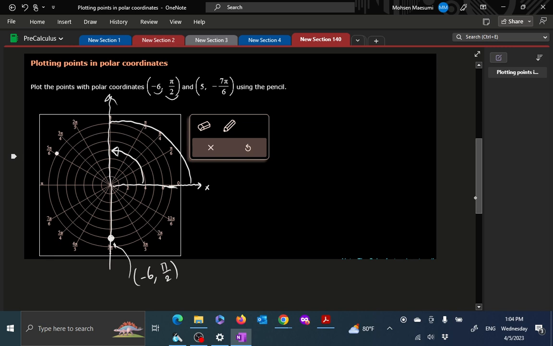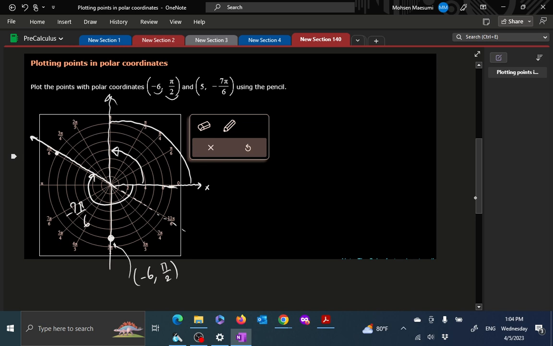So we have taken our x-axis and rotated it all the way by -7 pi over 6.